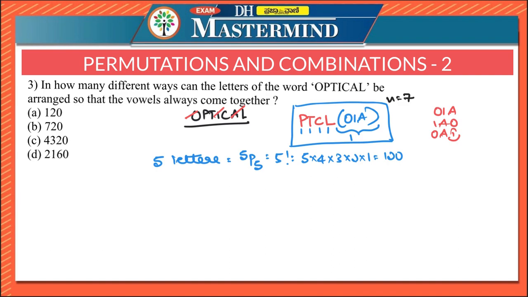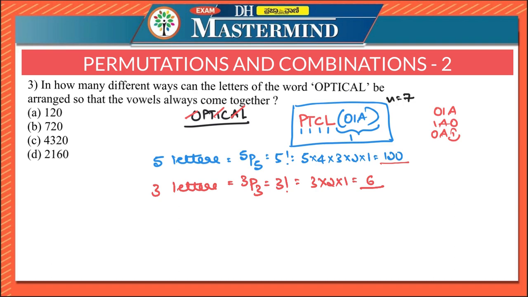These three letters are arranged taking three at a time, which is 3P3, equal to 3 factorial, which is 3 into 2 into 1, which is 6. So the combination with P, T, C, L can be arranged in 120 ways, while OIA itself can be arranged in 6 ways.